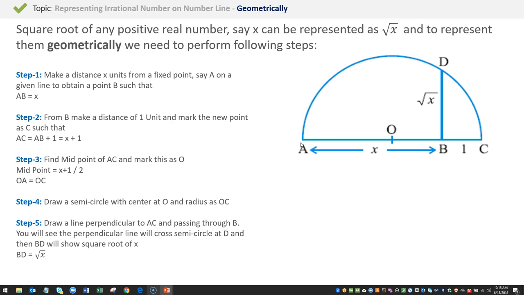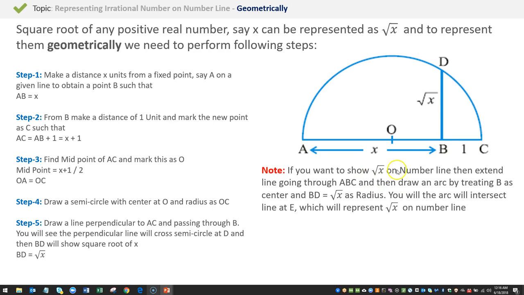Once we get a semicircle, we look at the point B, which was x unit from A, and we draw a perpendicular line on top of it. The point where it is intersecting gives you point D on the semicircle, and in this case the length of BD will represent a square root of x.